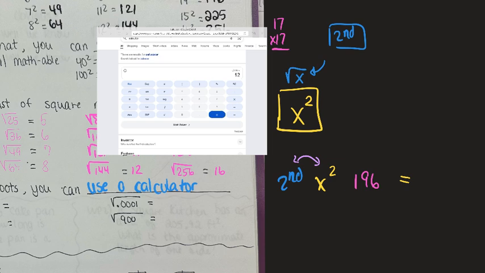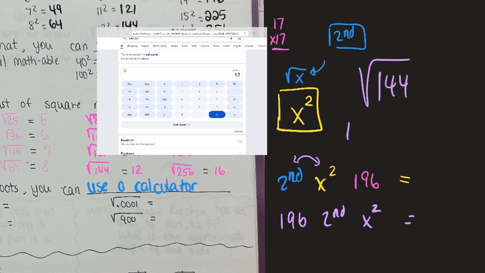Maybe you have to do 196, then the second button, and the x squared button. So I don't know. Every calculator you just have to figure out, are we hitting the square root button first and then typing in the numbers? Or am I typing in the numbers and then hitting the square root button? And sometimes you just don't know until you get that calculator out.